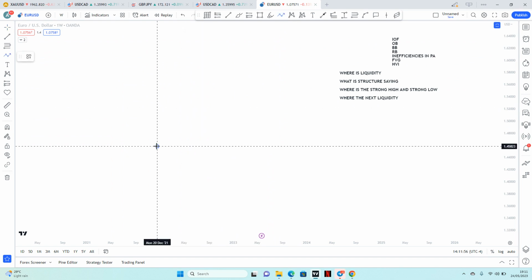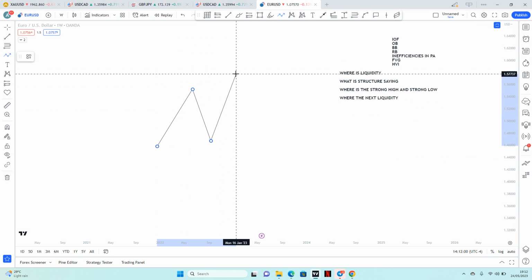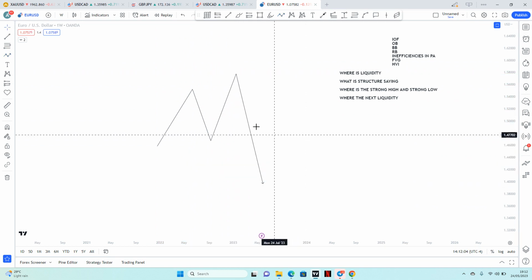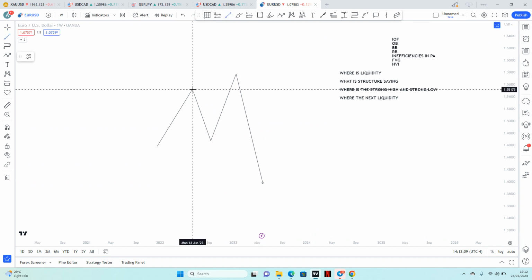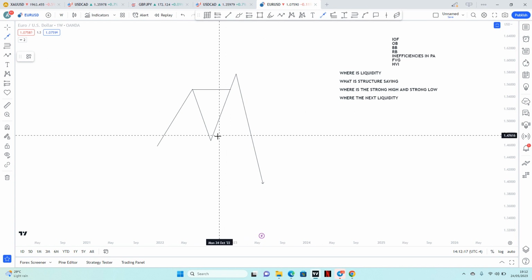For the purpose of this class, let's do it in such a way that we have this move to the downside, and then we have this. Of course, we know that this high was liquidity, and then this was a low. Price has now taken this liquidity and then shifted.